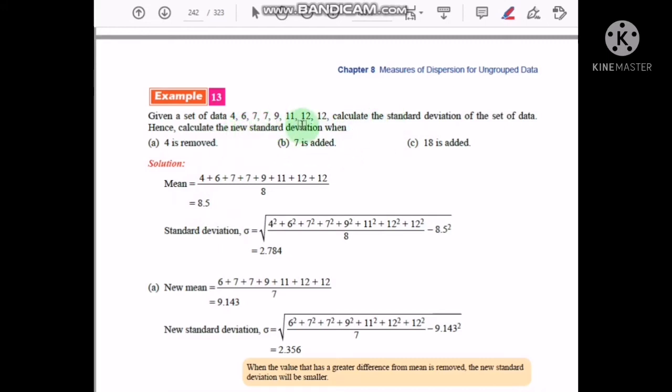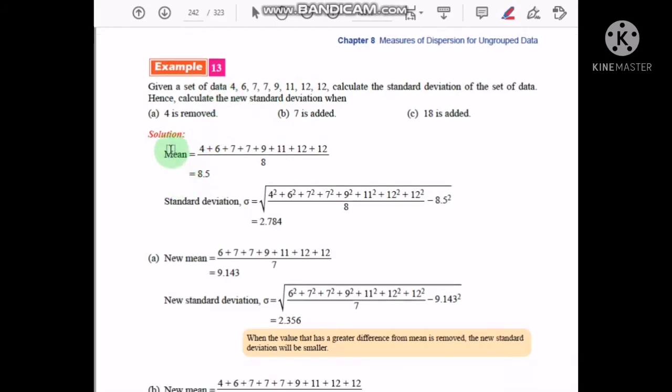But before that, you need to find out first the original standard deviation. Make sure you calculate the mean first. Why do we need to calculate the mean? Because it is easier for you to calculate the standard deviation later.